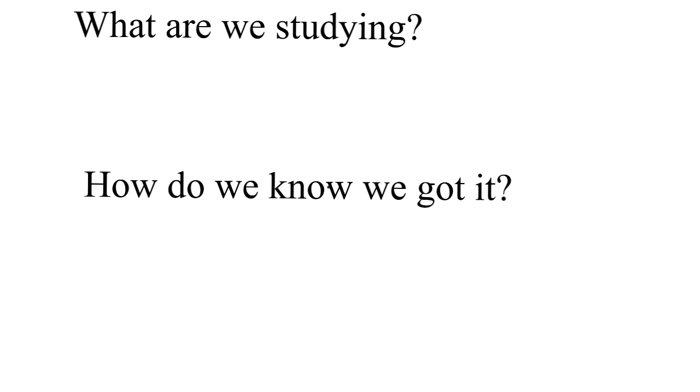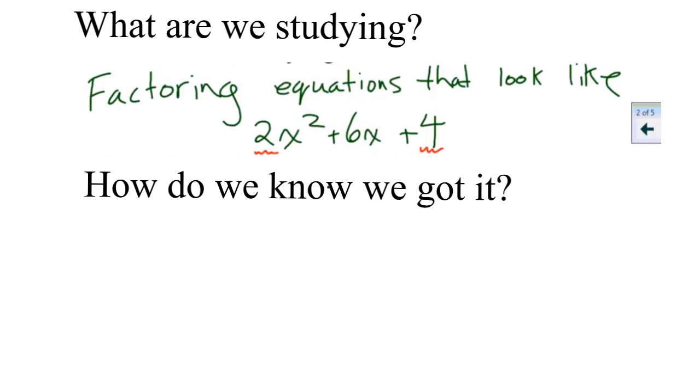So what are we doing today? We're factoring equations that look like this: 2x squared plus 6x plus 4. You'll notice that we have a number on the x squared term at the front and a number at the end, and we're going to be focusing on that.